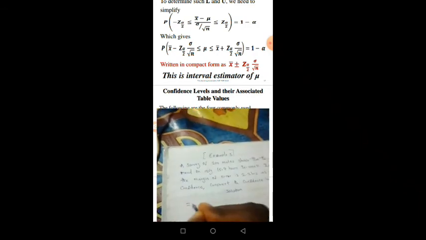Okay, now to cut the long story short, let's work it out first. Solution. Now it says construct the confidence interval. And I told you the formula for the confidence interval is L, U, which means lower limit and upper limit.